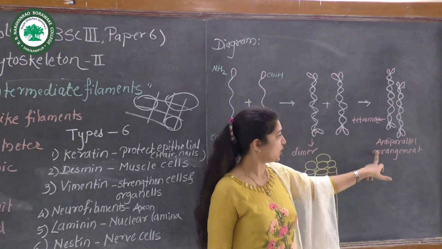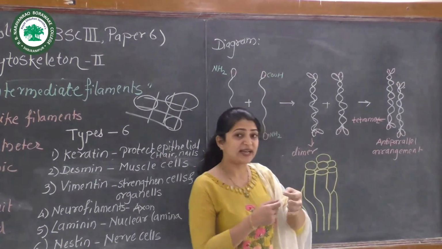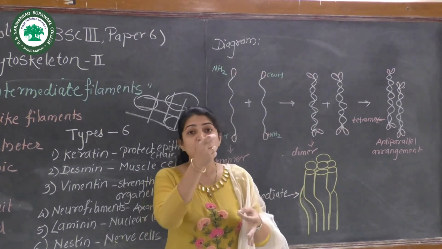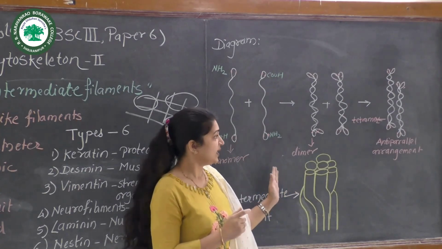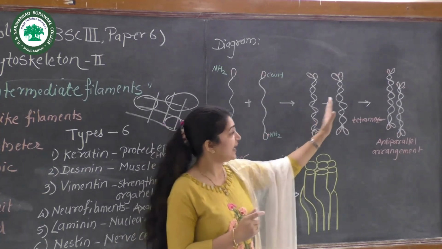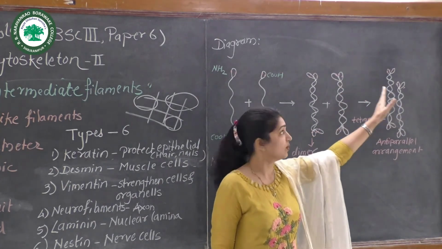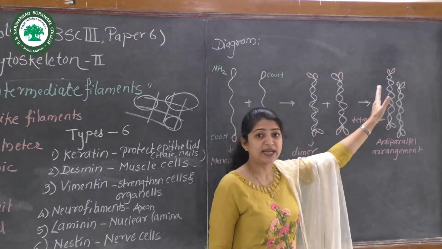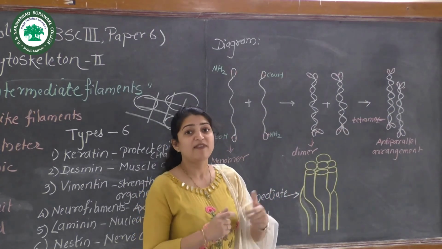Here you can see there is an anti-parallel arrangement. All the strands are not arranged from start to end in the same direction. First of all, polarity is maintained, meaning if there is an N terminal at the start end, there is a C terminal also at the start end, and like this there is an anti-parallel arrangement of the filaments.